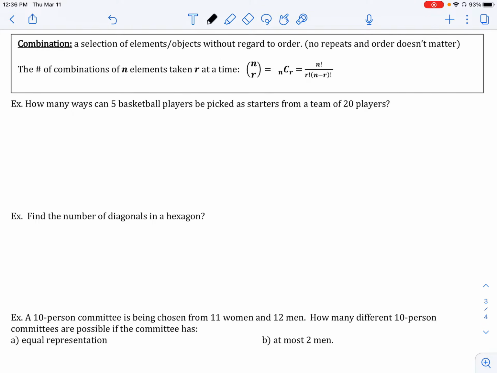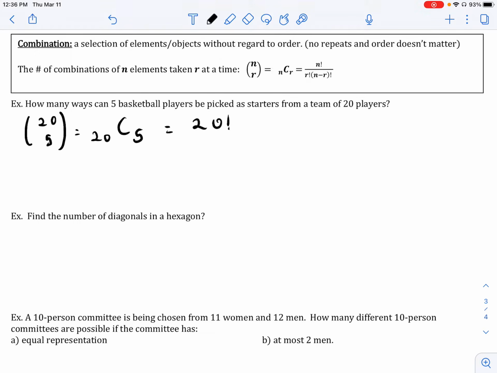If you're thinking back to the officer problem with the clubs, this time we have 20 choose 5, which I can write that way. I can also write it as 20 choose 5.